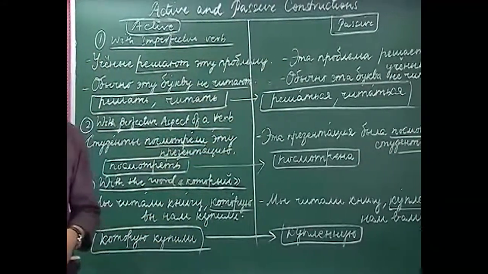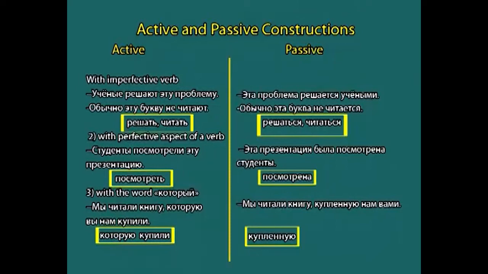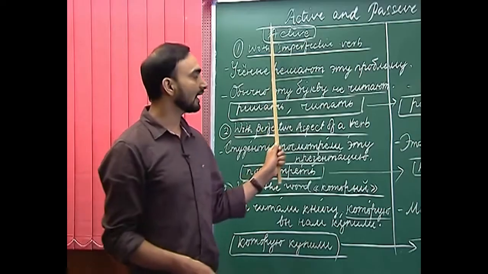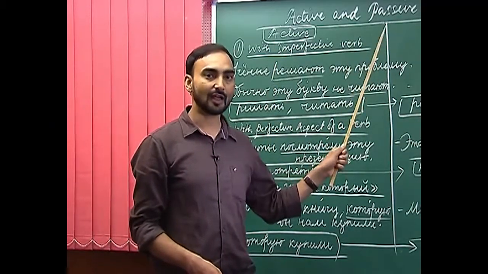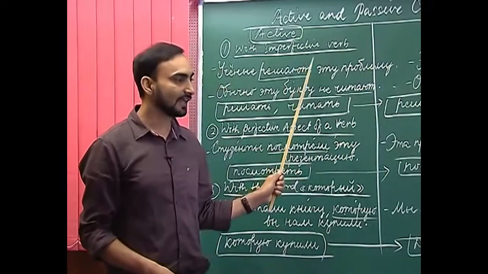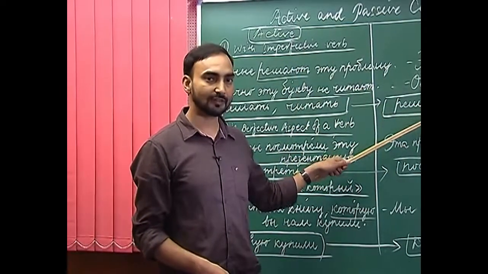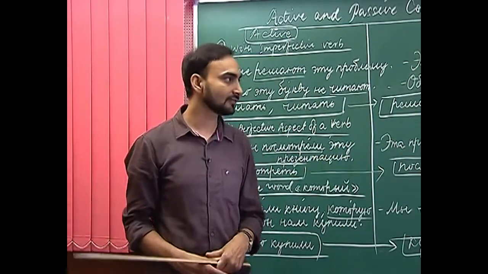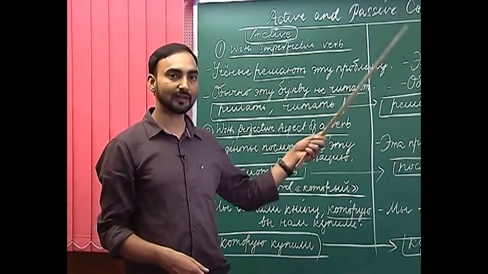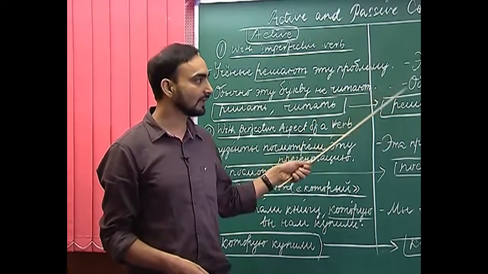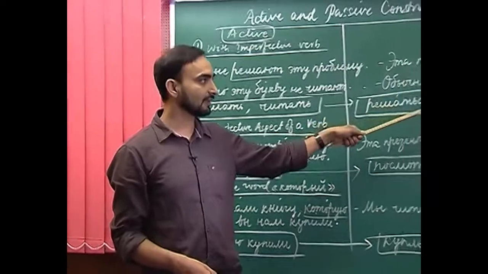Let me repeat them once again. The first active construction is with the imperfective aspect of a verb. How do we change it? We change the verb into reflexive by adding the particle sya, then bring the object to the beginning and use the reflexive verb.